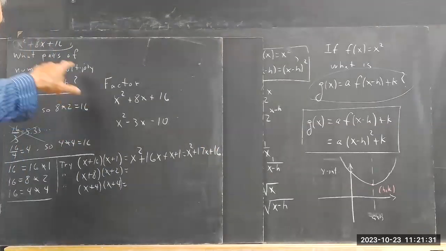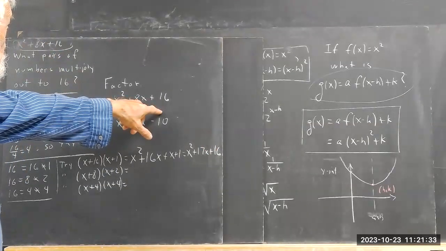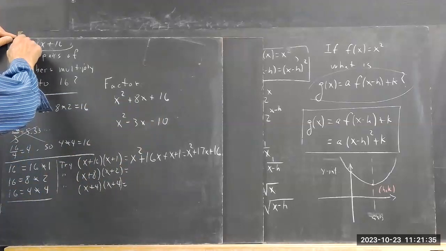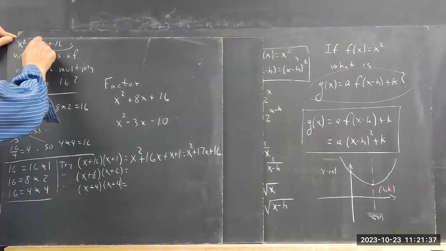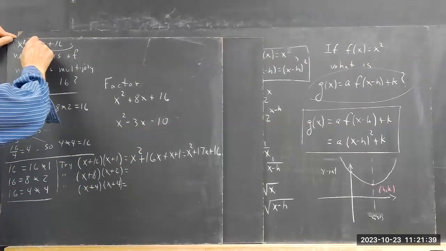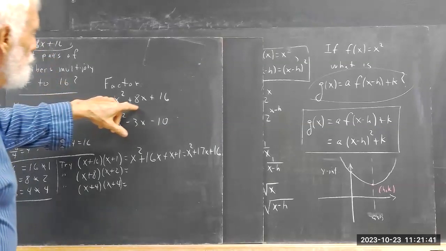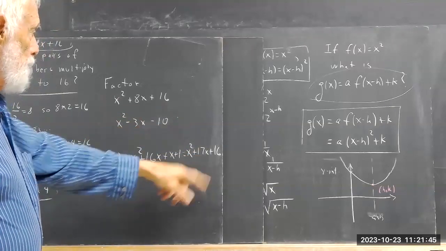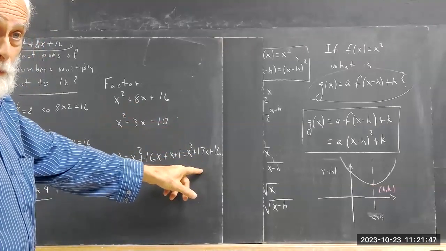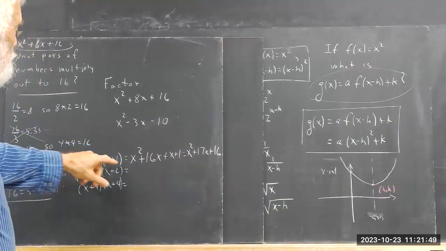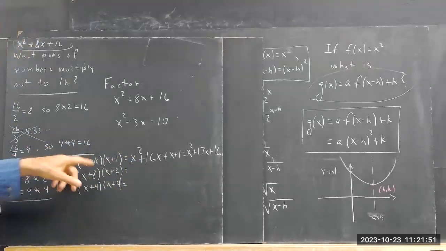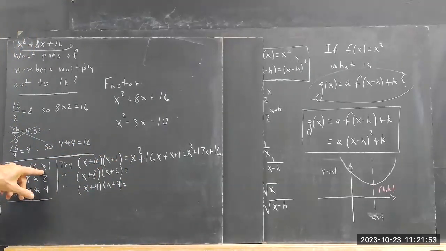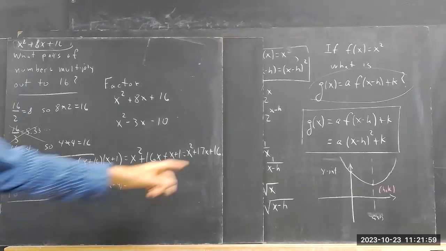So if we compare that with what we're trying to get, which is x squared plus 8x plus 16, we got the x squared, we got the 16, but we sure don't have the 8x, do we? So 16 and 1, that's one of the products that equals 16.